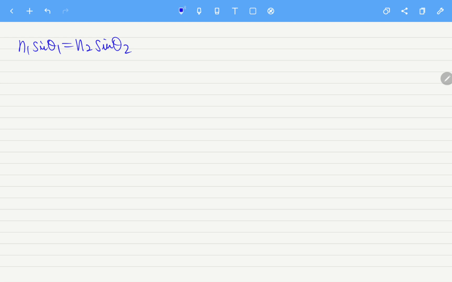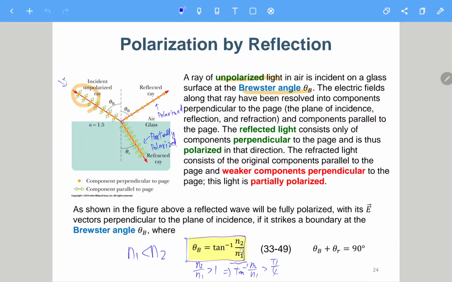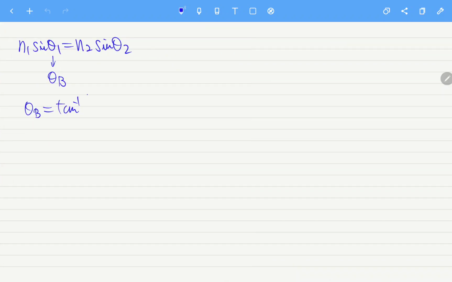Also, theta 1 is actually theta b, and theta b equals arctangent of n2 over n1.